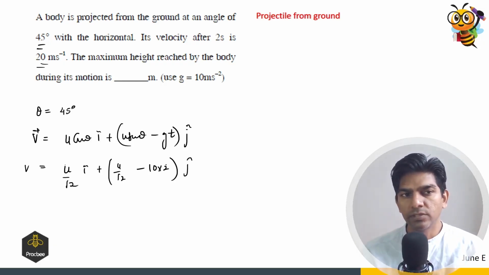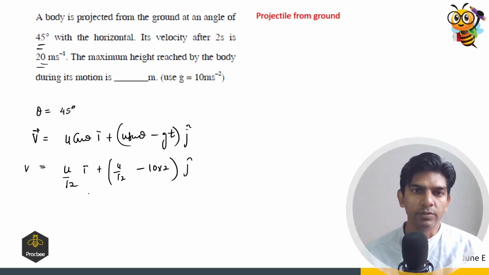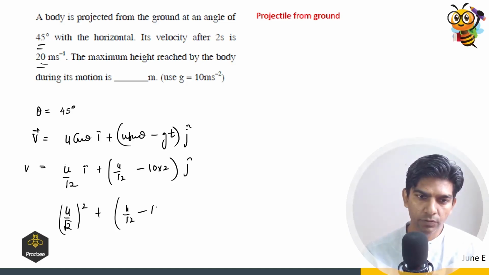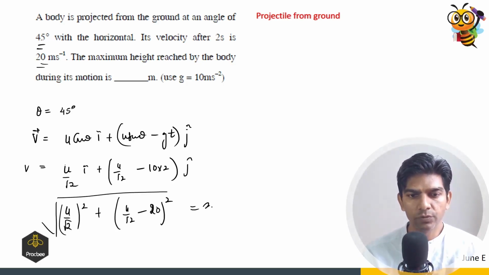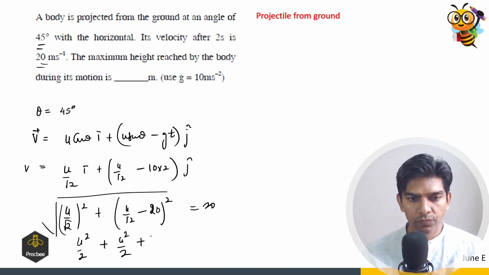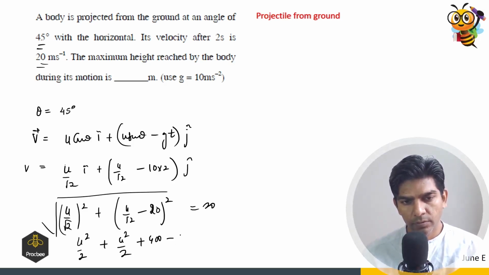Now its magnitude is given as 20 meters per second. So the square root of (u by root 2) square plus (u by root 2 minus 20) square is given as 20. So u square by 2 plus u square by 2 plus 400 minus 40 u by root 2 is equal to 400.